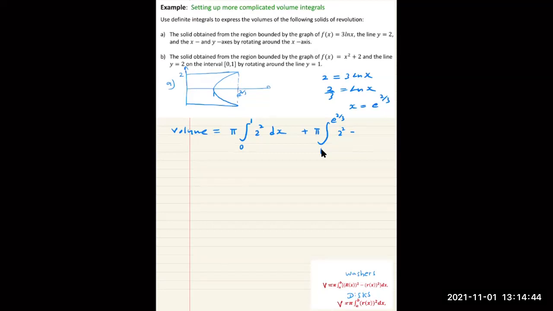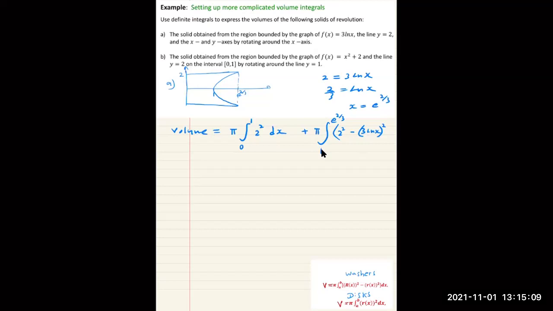Because I know this height is, if this point is x, this height is 3 ln x. Okay, so I should have 3 ln x squared dx. Okay, that's the integral that we are going to have. That will give you the volume of this solid.